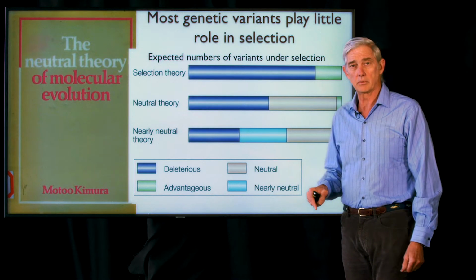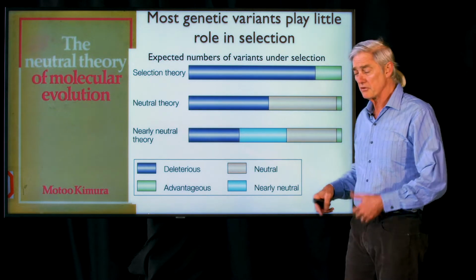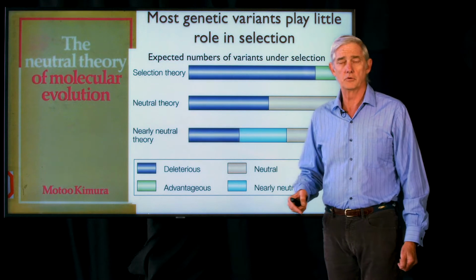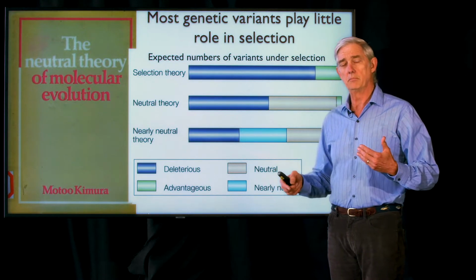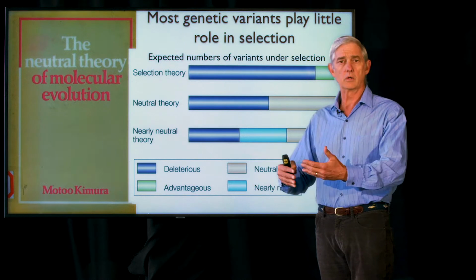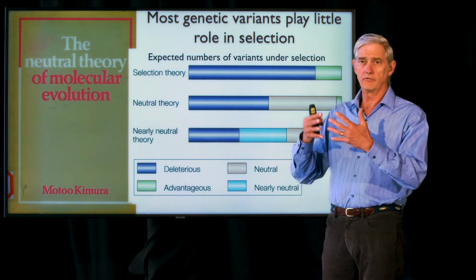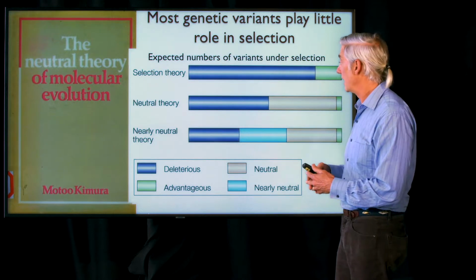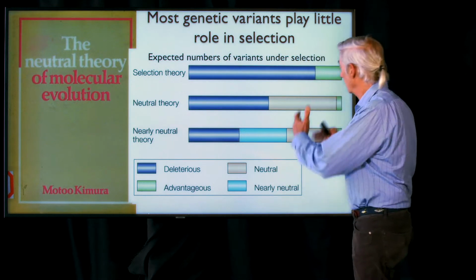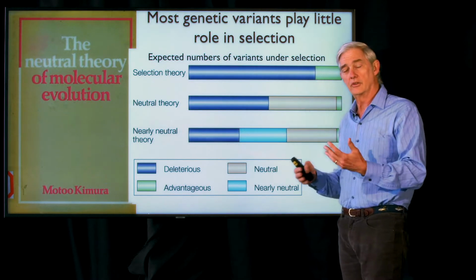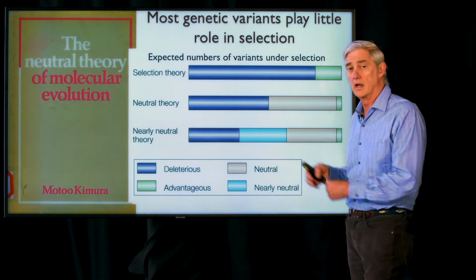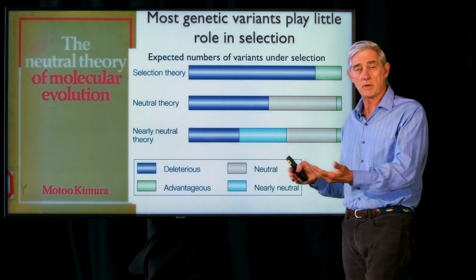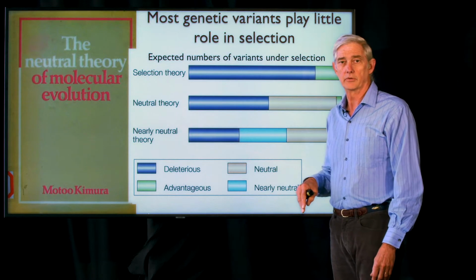But over the last couple of decades, the neutral theory of evolutionary change has really been seen to be more likely to fit with our observations of genetic variation in species. And that posits that, in fact, a large fraction of the existing genetic variation that's out there is neutral. It's not being acted upon by natural selection.